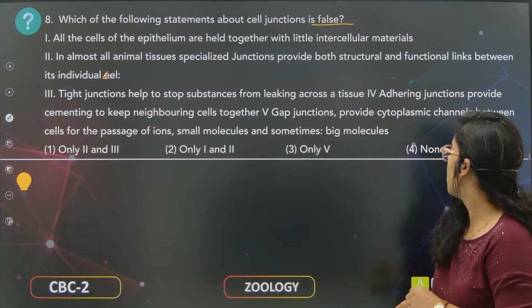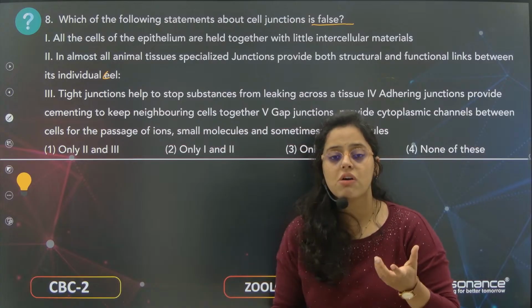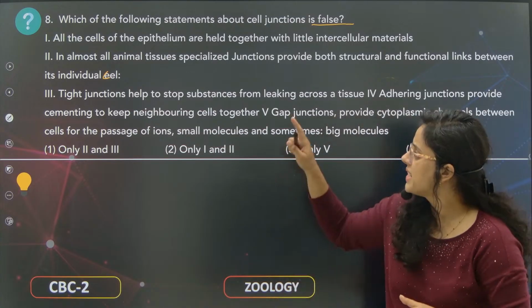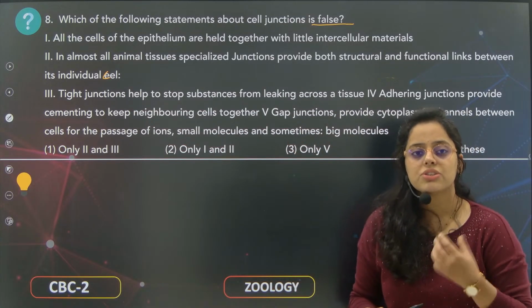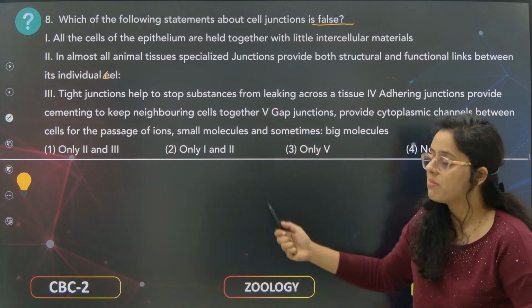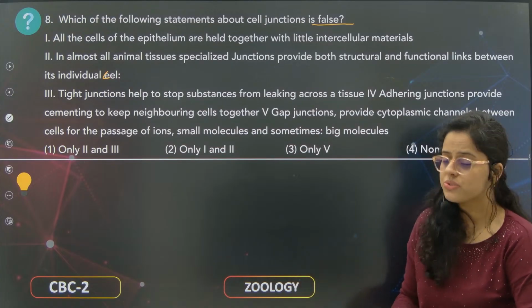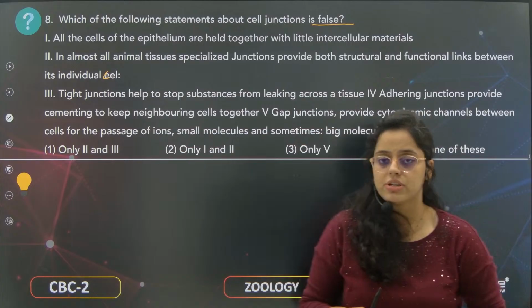Gap junctions provide cytoplasmic channels between cells for the passage of ions and molecules. So all the statements are correct, right? There is no false statement about cell junctions. We have learned about these functions in earlier questions also. So the answer is going to be none of these.